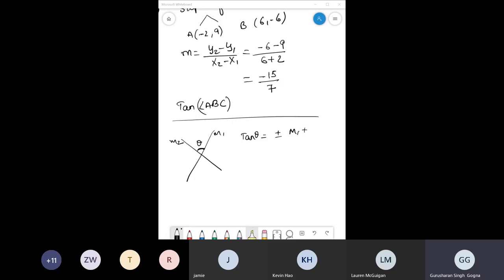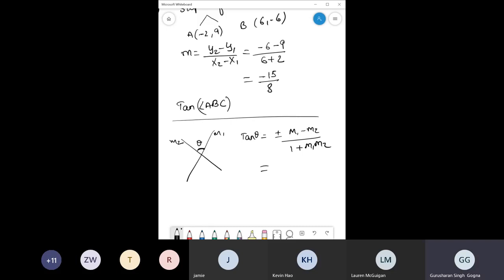So M1 minus M2 over 1 plus M1 M2. Okay. So we already know the slopes of these two lines. One slope is, sorry, there's a typo here, 8.